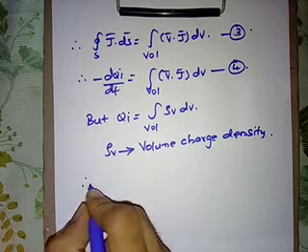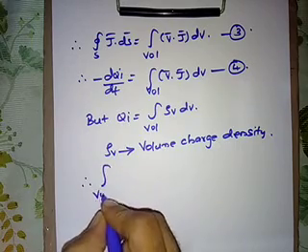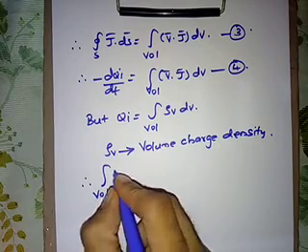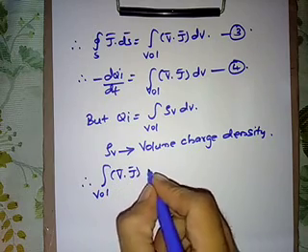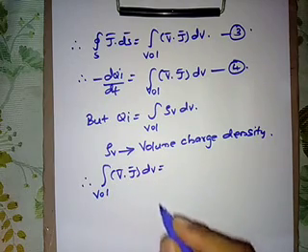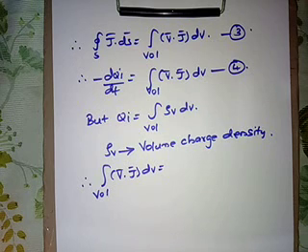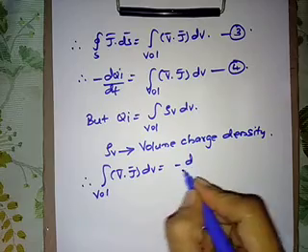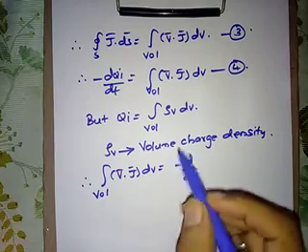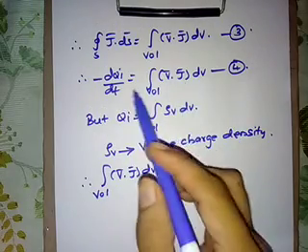Therefore, the volume integral of del dot j bar dv is equal to minus d by dt of q, because here we have minus dqi by dt.